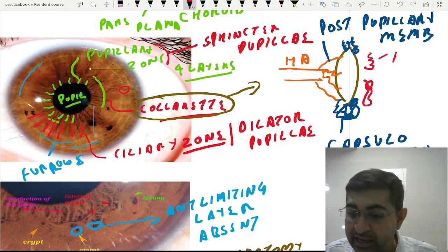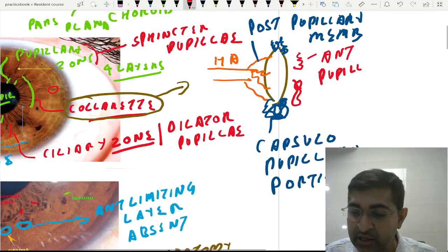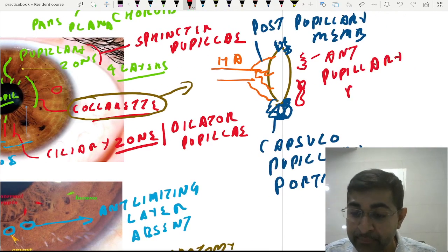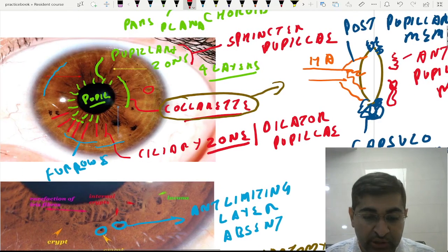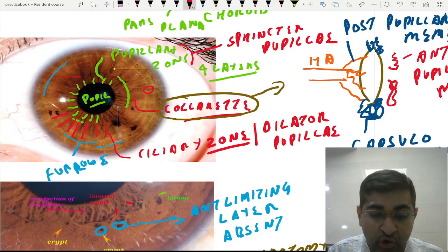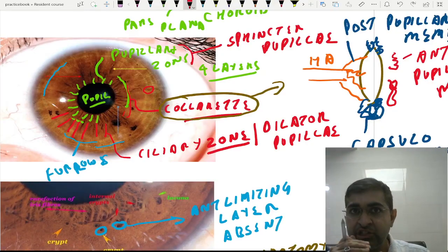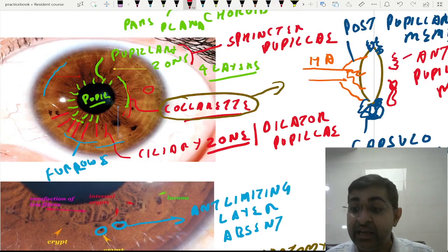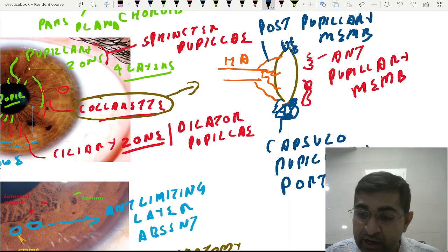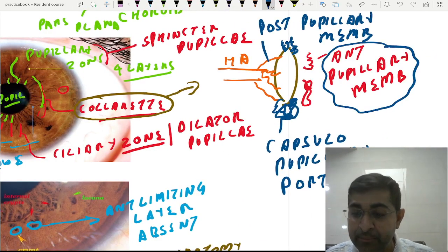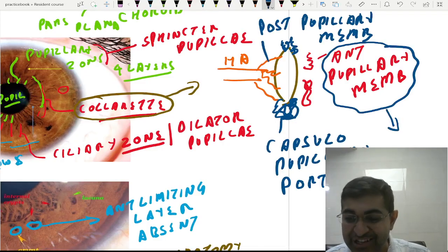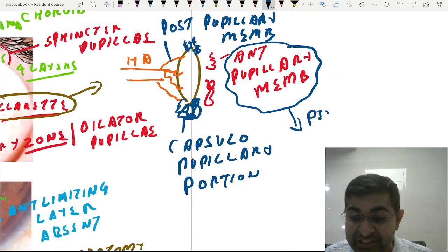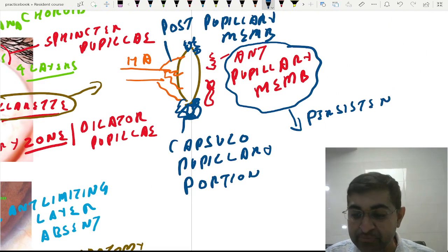So this is your anterior pupillary membrane. This anterior pupillary membrane is present at the collarette, and it leads to the development of the collarette. If there is persistence of this anterior pupillary membrane, you call it persistent pupillary membrane.